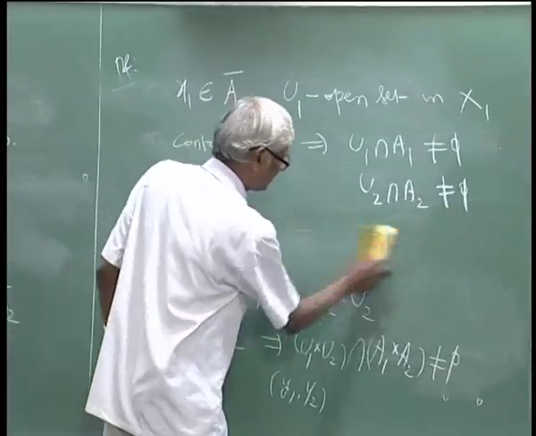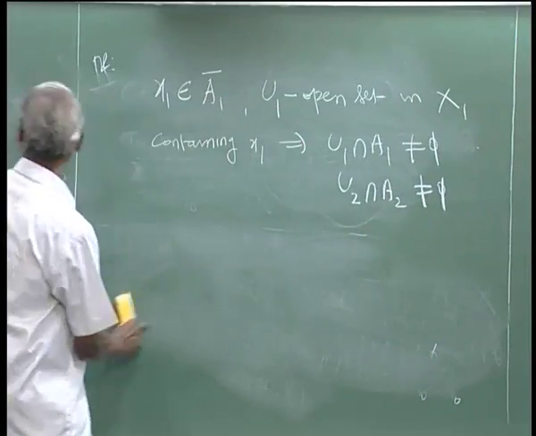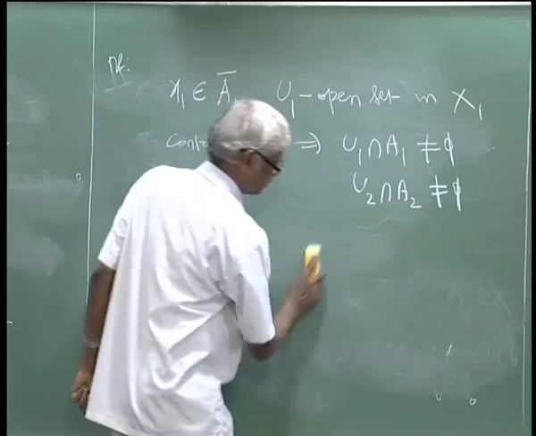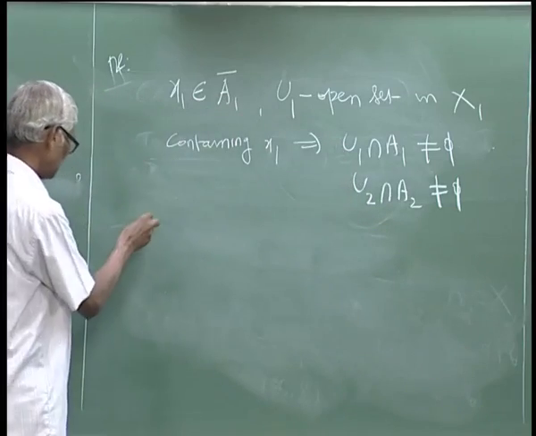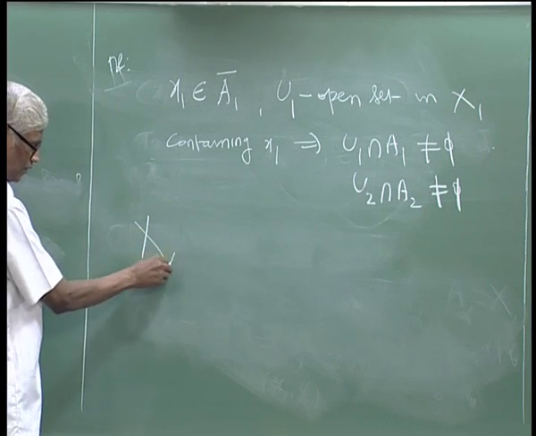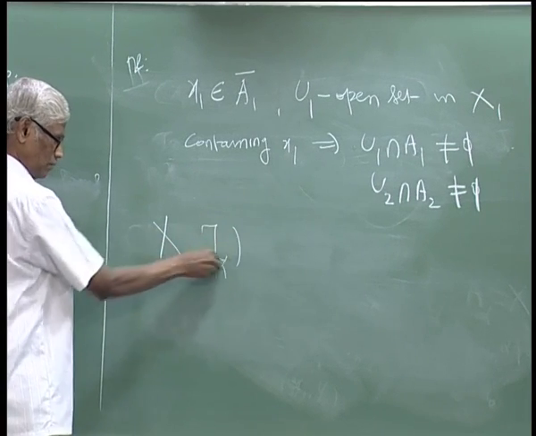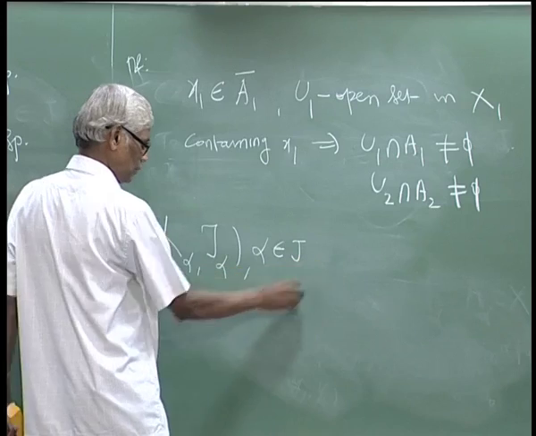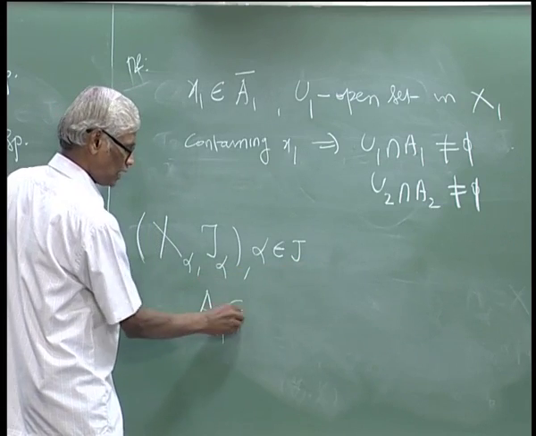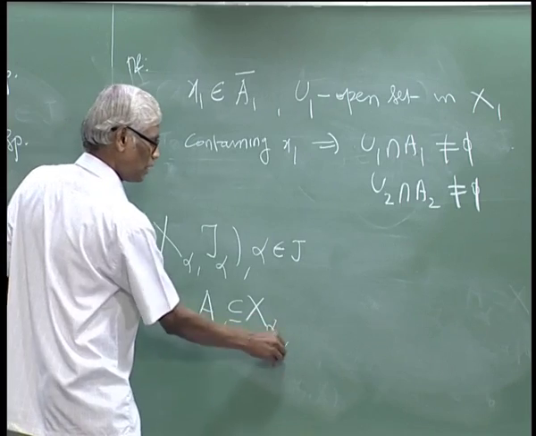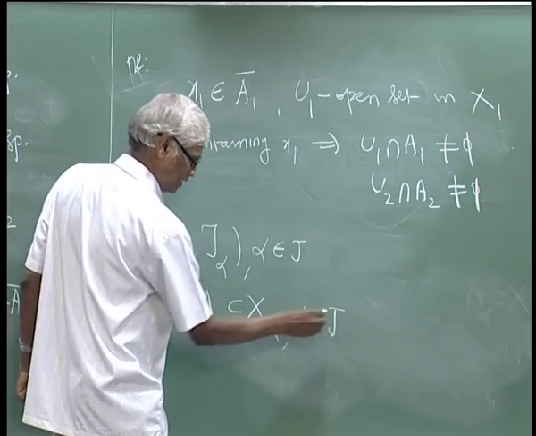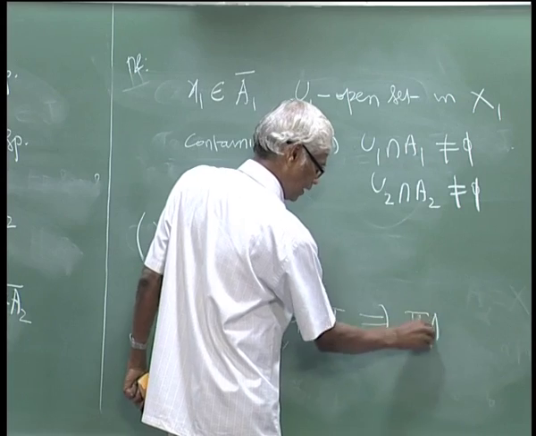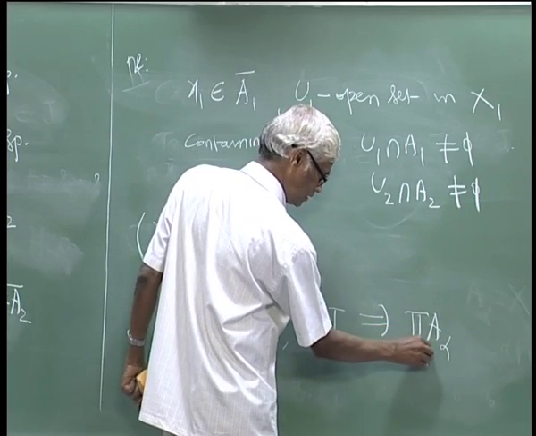So, that will prove the other part, I mean this will give the reverse inclusion. In fact, one can prove that if we have a collection of topological spaces and A alpha subset of X alpha, alpha belongs to J, then this implies the product of A alpha, alpha belongs to J.